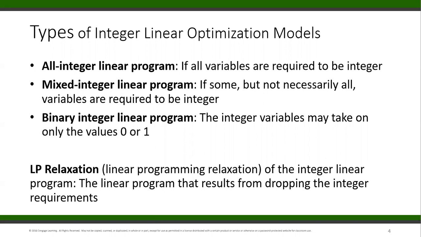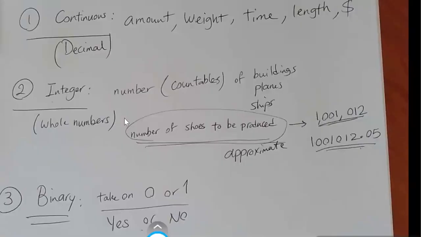Sometimes, depending on the type of variable, if you get a decimal number, or the optimal value of your decision variable is too large, you may be able to simply round it up or down and just go with it, right?